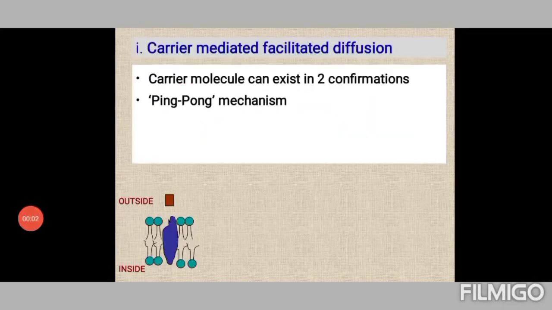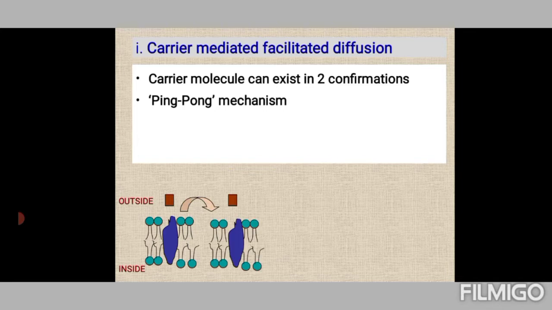Thus, GLUT, or generally carrier-mediated facilitated diffusion, is referred to as the ping-pong mechanism also. This is because the carrier can exist in two structural conformations. Now, here we can see a glucose molecule, and this is the GLUT carrier, and the glucose attaches to a specific site on this GLUT carrier molecule.